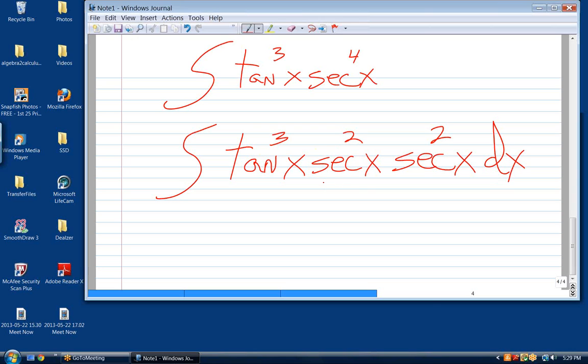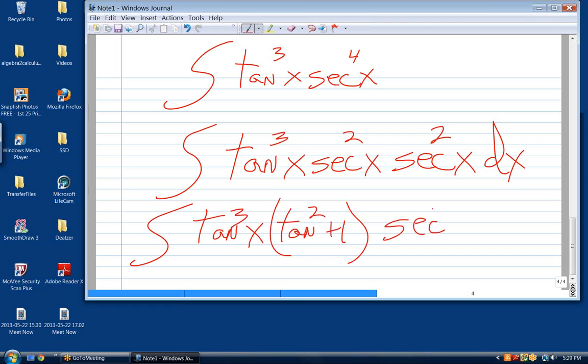Well, here I'm going to replace secant squared with tangent squared plus 1. The first secant squared I'm going to replace with tangent squared plus 1. And I'm going to leave this secant squared over here because I'm going to use the power rule on that, and I need the derivative of the inside, which is tan, to be sitting here.